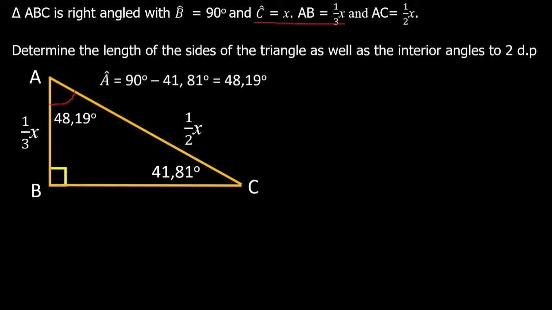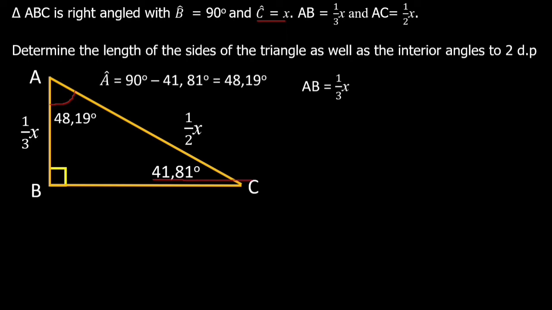Now, to work out the sides, it's just an issue of replacing the x: 1 over 3 times 41,81, 1 over 2 times 41,81. So side AB is 1 over 3 of x, but x is 41,81.